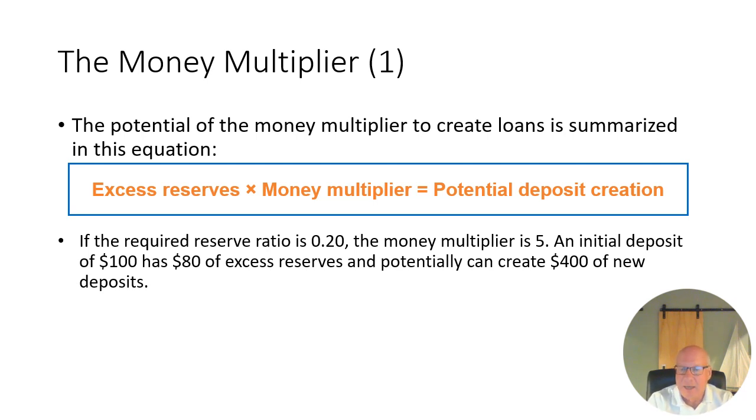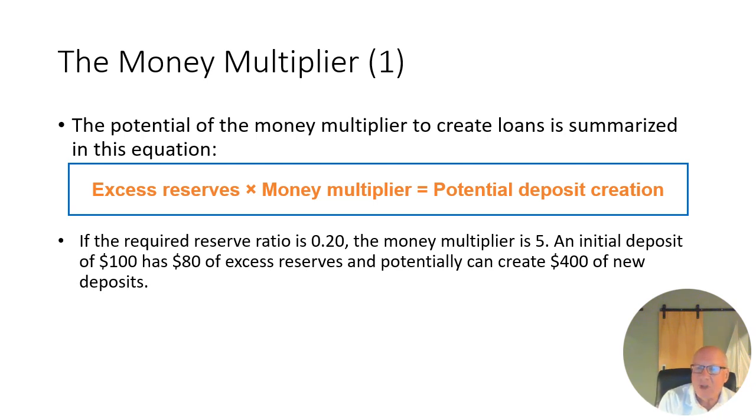And the bank can lend out that 80, and then through the process we talked about on the previous slide, where it becomes the checking account of the car dealer, and then the checking account of Norwegian Cruise Lines as it goes through all these different loans, we realize that the formula up here on the screen, you would take the money multiplier of 5 times the $80 of excess reserves that are above and beyond the required reserves from the $100 deposit. 80 bucks times 5 gives us $400.